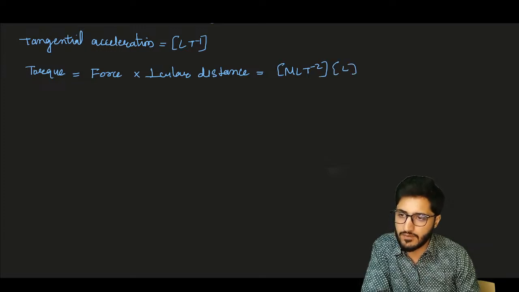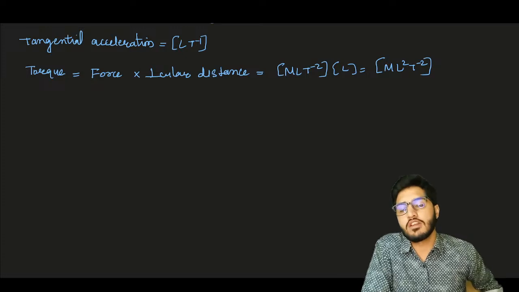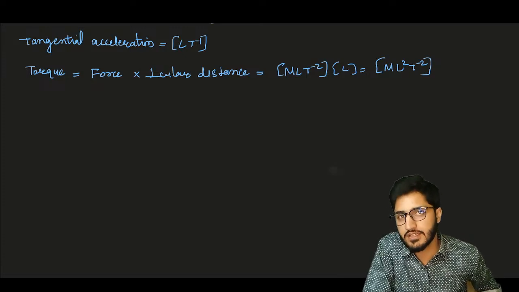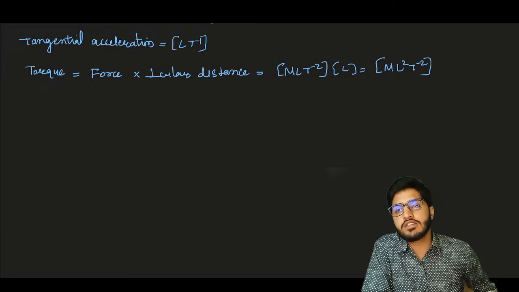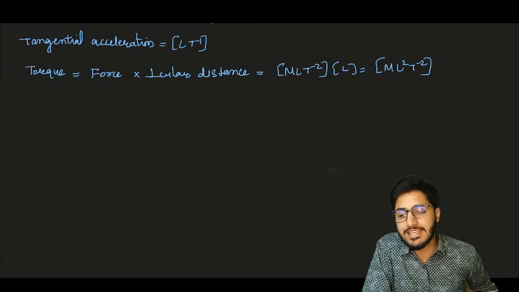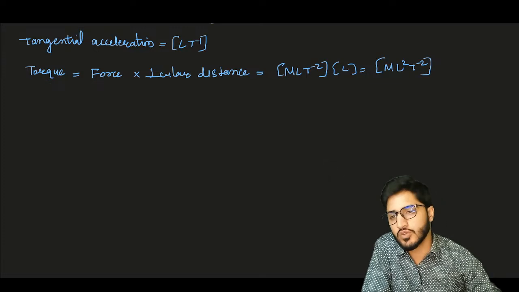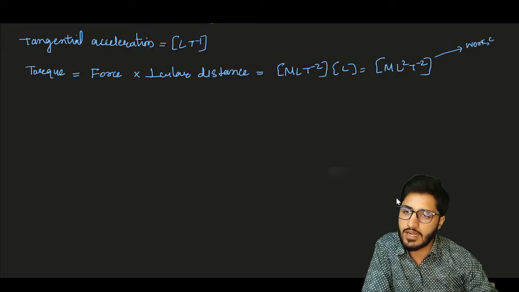Distance is L. So it is ML2T^-2. So the dimensional formula of energy, the dimensional formula of work, and the dimensional formula of torque is same. So you can say the dimensional formula of this is same to that of the work and energy.